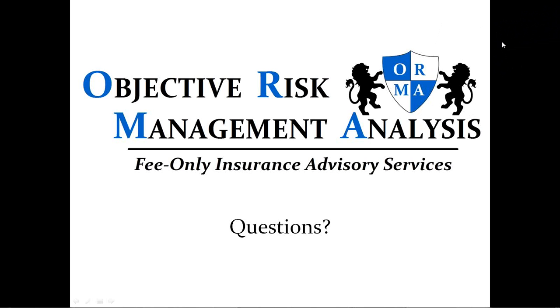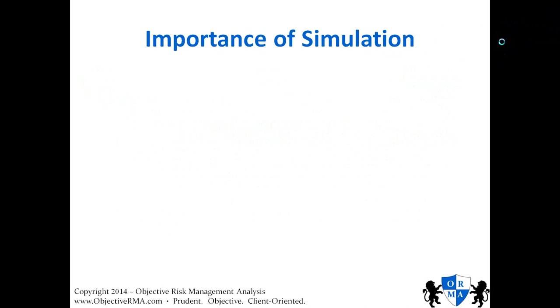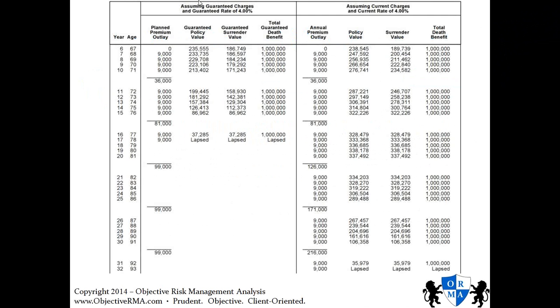So if you remember, I'm going to back it up a few slides here. If you remember the illustration that has the guaranteed side and then the non-guaranteed side, basically what the insurance company is saying for this particular contract is, on the guaranteed side, if you pay $9,000 a year, you will have a $1 million death benefit at age 77.